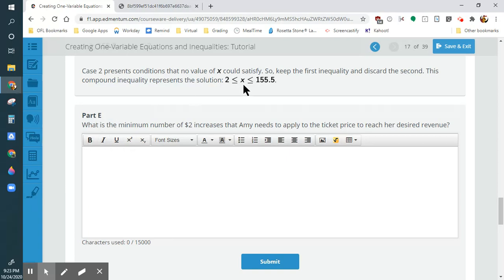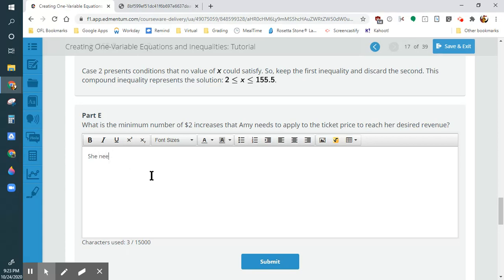So the minimum 2. So as long as she only increases it 2 times. So what is the minimum number of $2 increases?